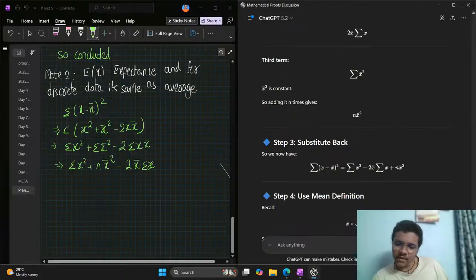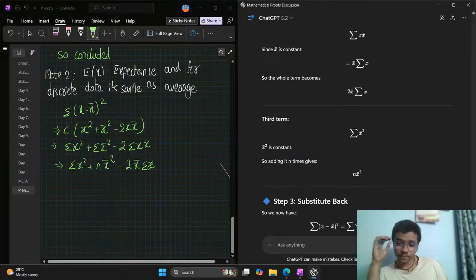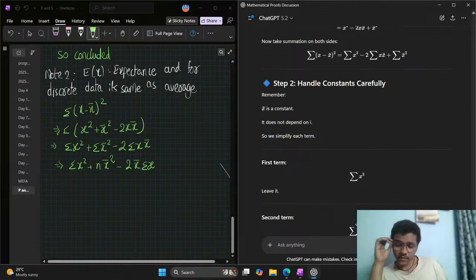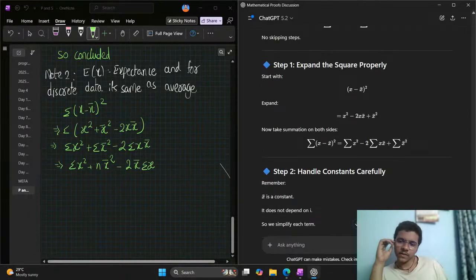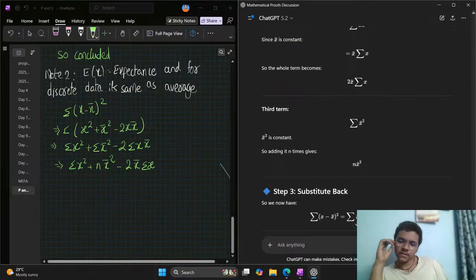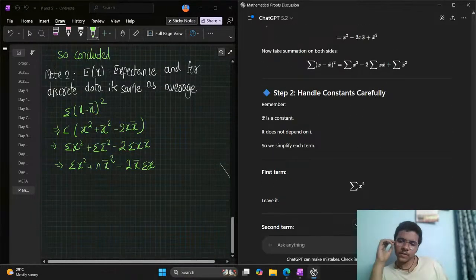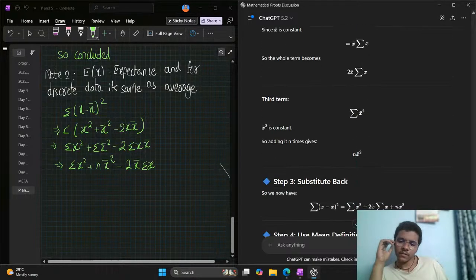What? Okay, sigma x square minus 2x bar sigma x. Yeah, he just rearranged the terms.